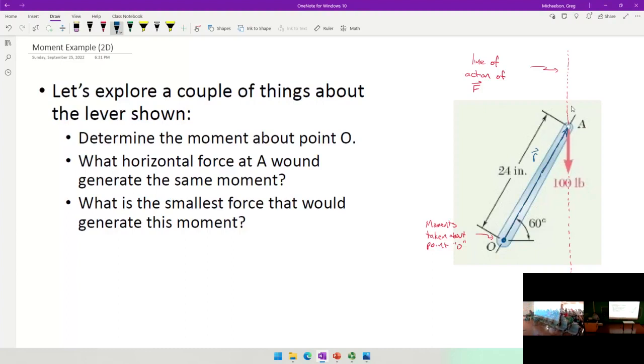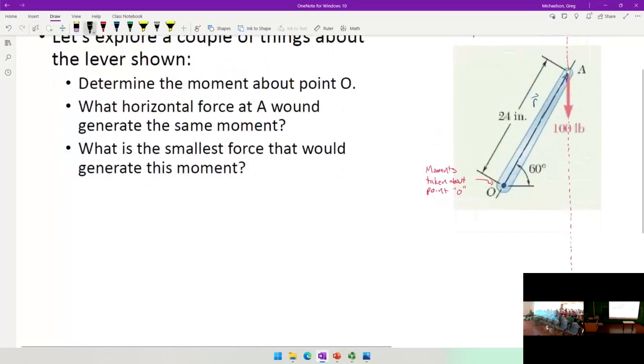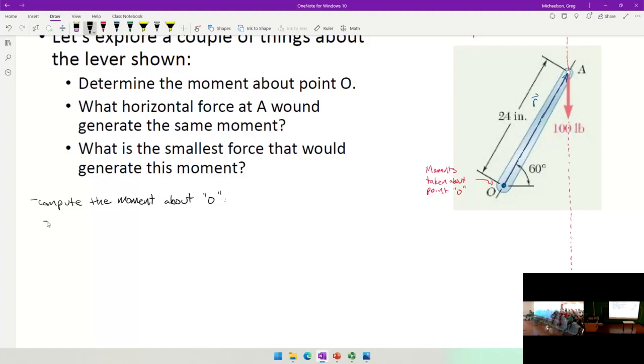So let's do this. Compute the moment about O. And so the first way that we're going to do this is what I'll call the formal definition. In other words, R cross F. Now, we already defined that.